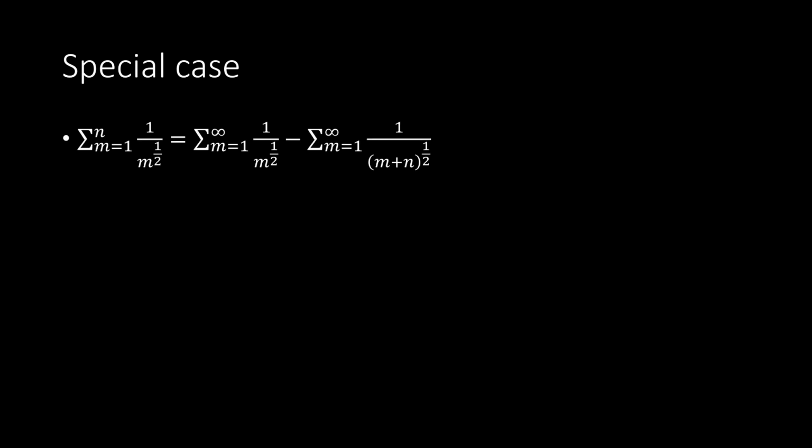So again, back to the special case, we want to sum to n over 1 divided by m to the power of 1/2. So nothing changed here. So our original approach, like we did for everything larger than 1/2, was to take the infinite series of 1 divided by m to 1/2, or k plus 1/2, and then subtract the infinite series that started later in summation, and in fact precisely n summands later.